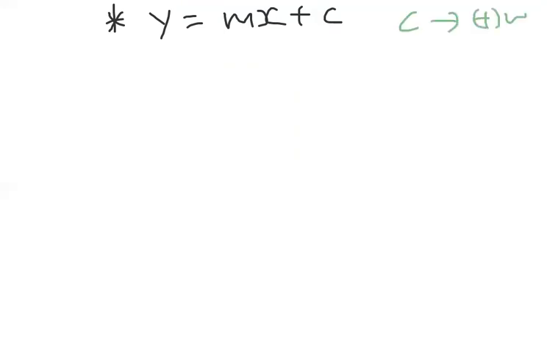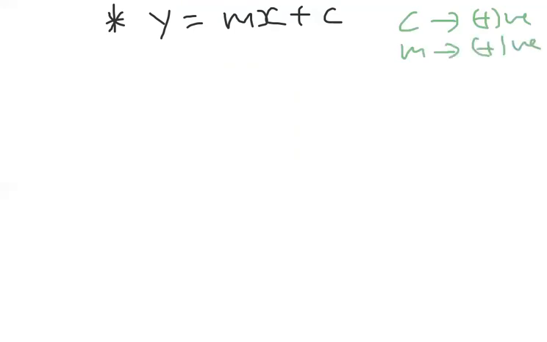Next, let us observe y is equal to mx plus c. Here you observe carefully: the c value is positive, and the slope is also positive, m is also positive.